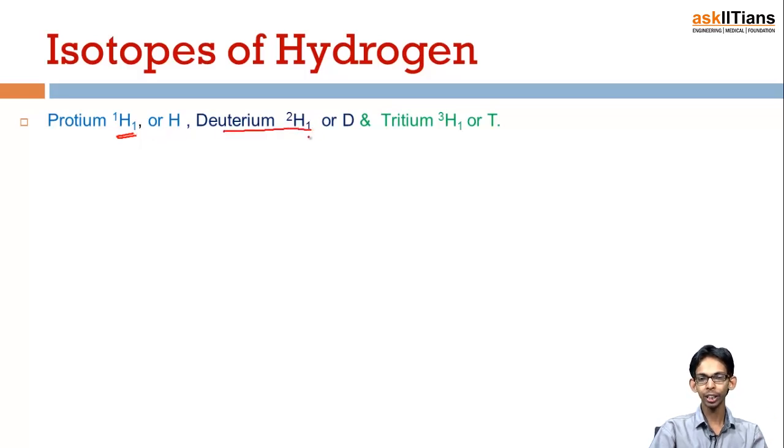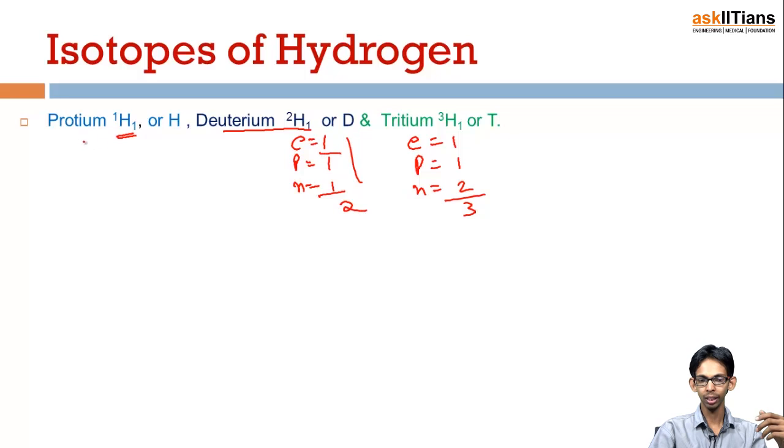Next we have deuterium, in which there is 1 electron, 1 proton, and 1 neutron. Then we have tritium, with 1 electron, 1 proton, and 2 neutrons. So total mass here is 3, here it is 2, and in protium it was 1.